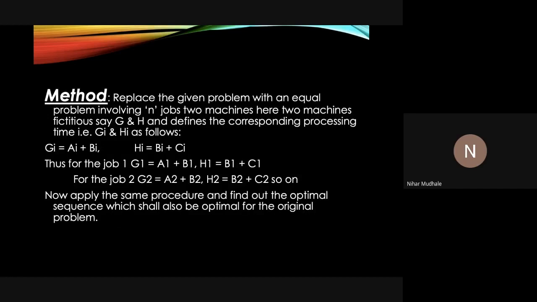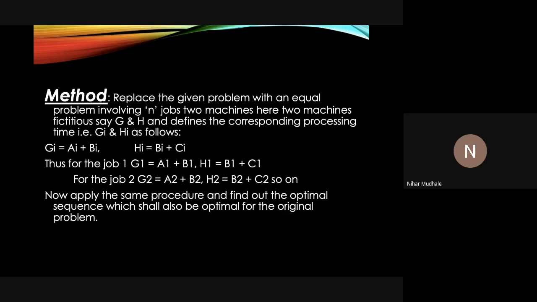So the method says to replace the given problem with an equivalent problem involving n jobs and two fictitious machines, say G and H, and define the corresponding processing times, Gi and Hi, as follows. Gi is equal to Ai plus Bi, and Hi is equal to Bi plus Ci.